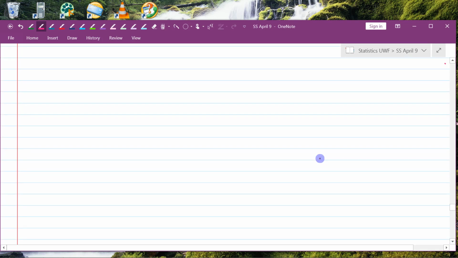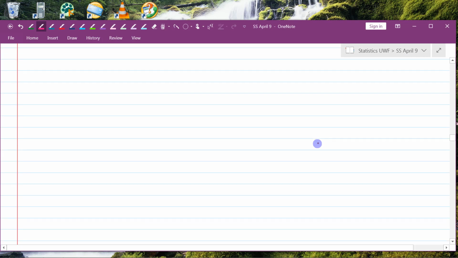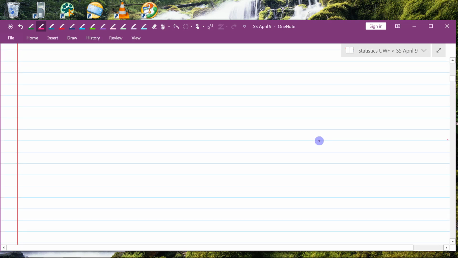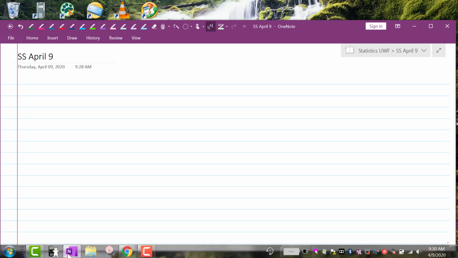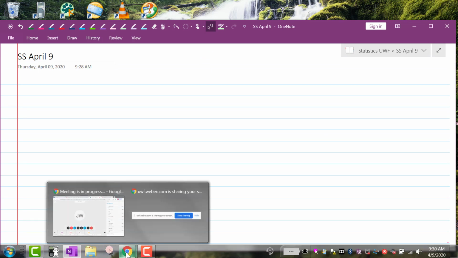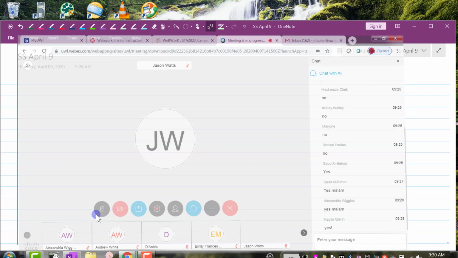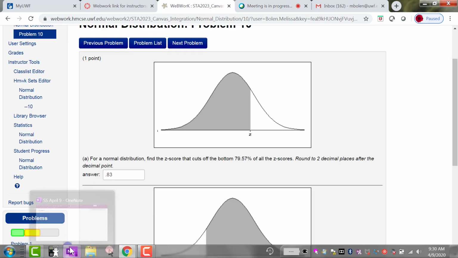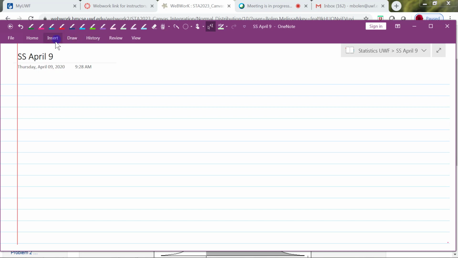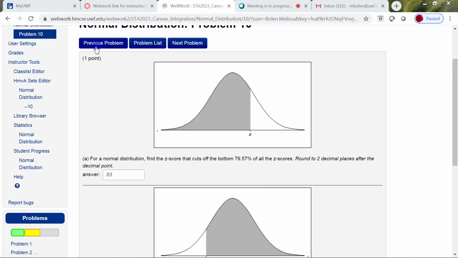Okay, we now have paper in our notebook. And here we go. And WebEx is right there. And we're going to insert a screen.